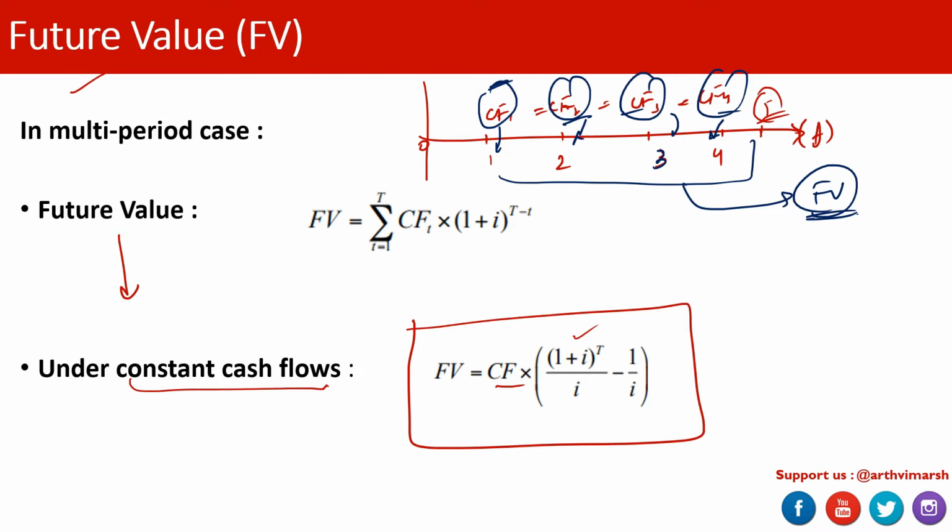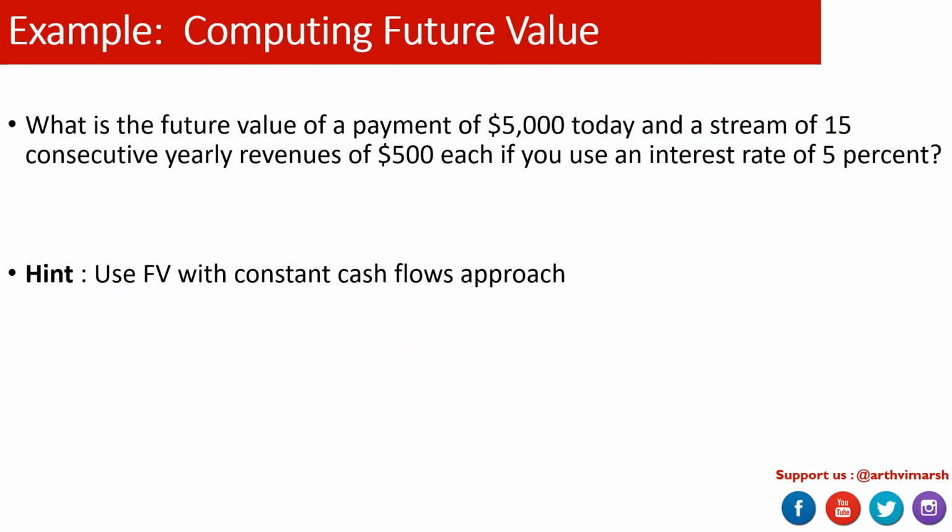In any case, in this example one which I am going to take up, let us consider that we are interested in the future value of a payment of $5,000 today, and a stream of 15 consecutive yearly revenues of 500 each, if you use an interest rate of 5%.